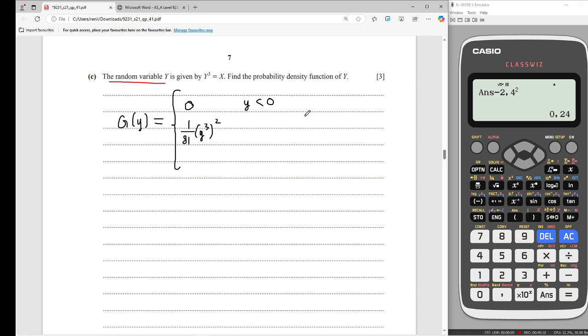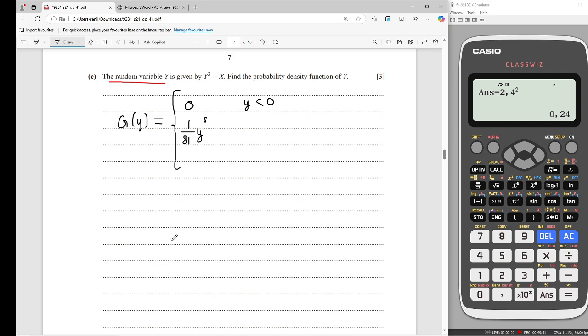This is when you apply the law of exponents: a to the power m, whole to the power of n, is equal to a to the power of m times n. Using the same law, you get 1 by 81 multiplied by y to the power 6.